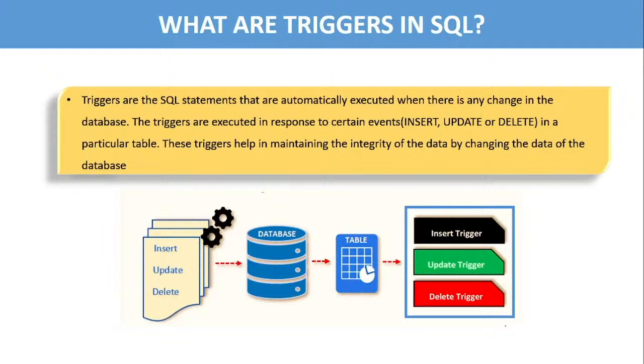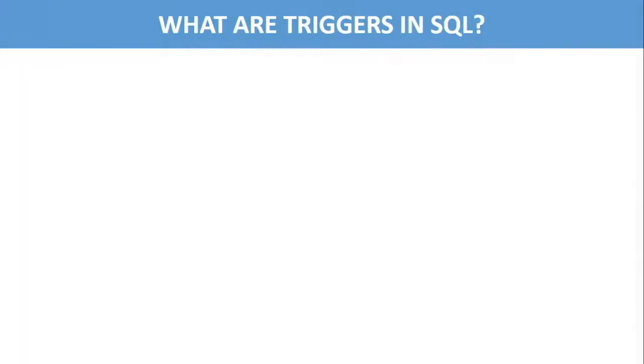So when you issue an insert, update, or delete statement, the relational database management system fires the corresponding trigger. Also, these triggers help in maintaining the integrity of the data by changing the data of the database.